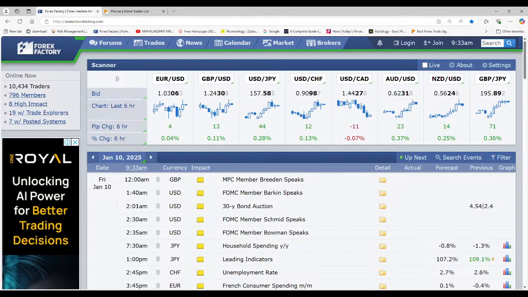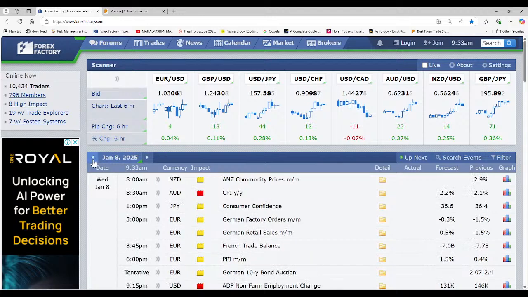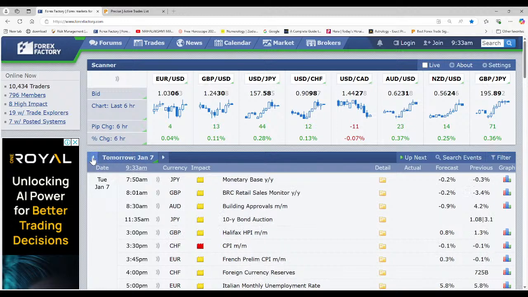Since we are getting this data, and also from the Swiss we are getting a CPI as well, we need to pay attention to the information we are getting. We also have Australian CPI. So we have Australian CPI and Swiss CPI, and the US non-farm payroll and FOMC minutes.